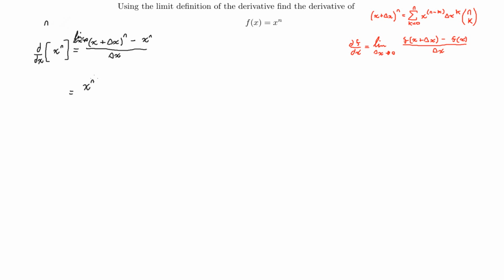For the second, k is equal to 0 here, so now I'm adding in the first term: n choose 1, x to the n minus 1, times delta x, plus n choose 2, x to the n minus 2, delta x squared, and so on and so forth. And at the end, I have minus x to the n.